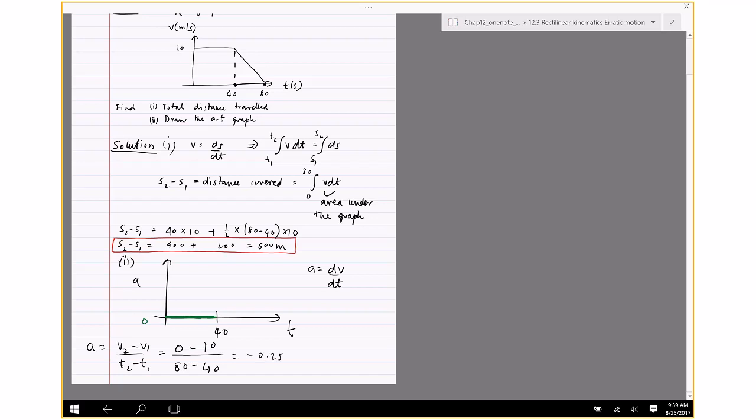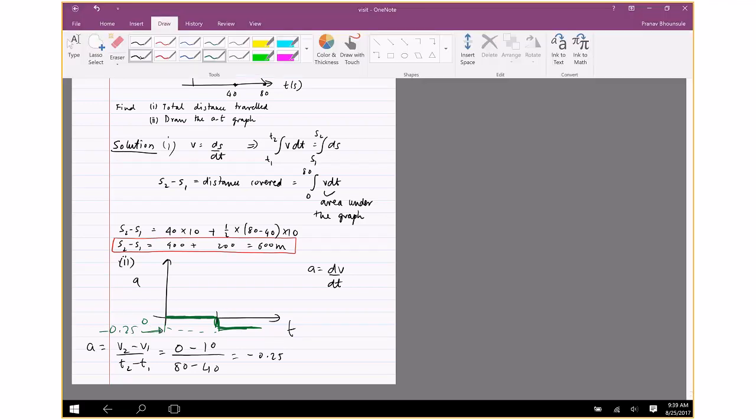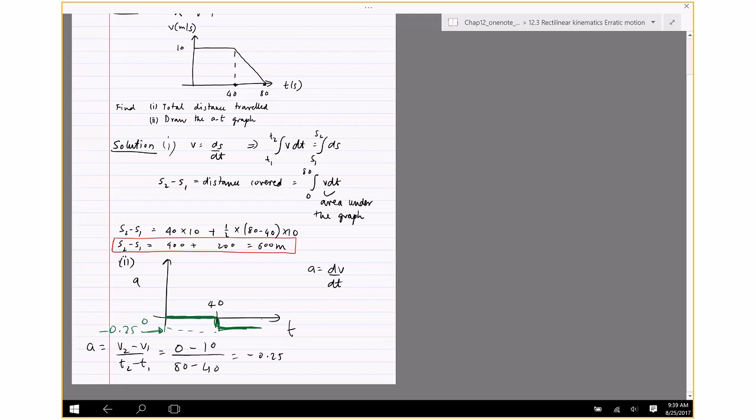So all I need to do to complete this is this line here, negative 0.25. So that's my AT curve just by looking at the VT curve.